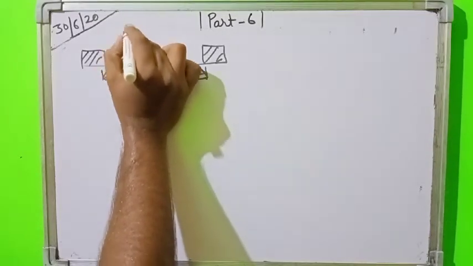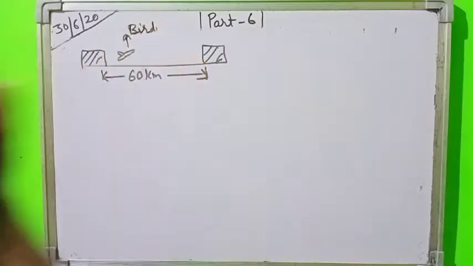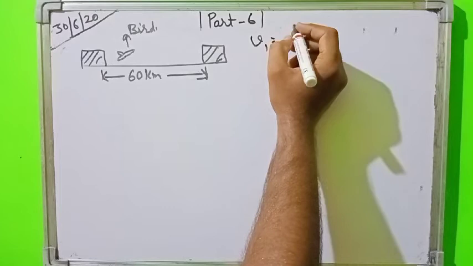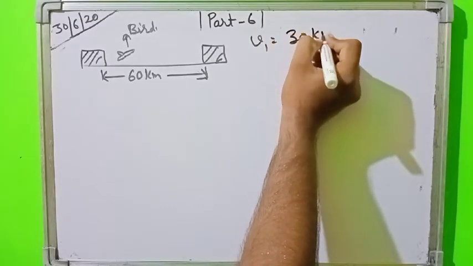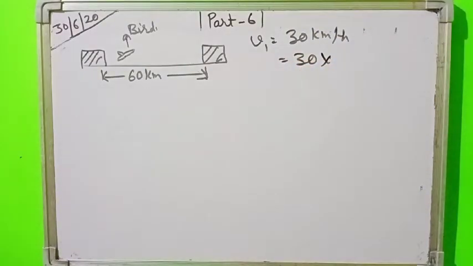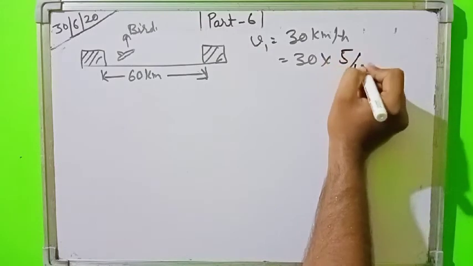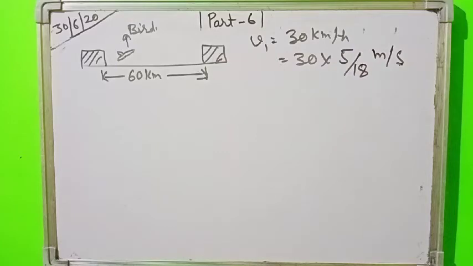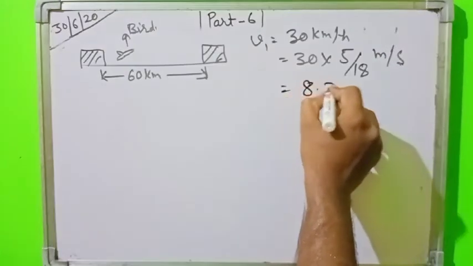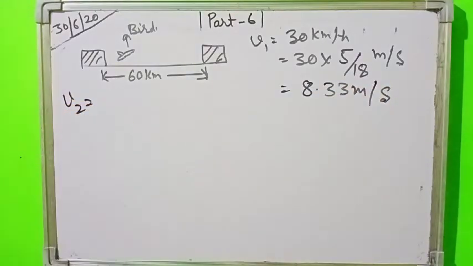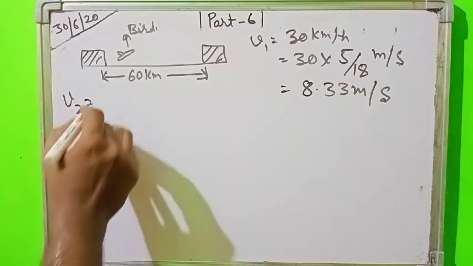This is the bird. The bird starts flying 60 kilometer per hour from one train to another train. V1 is given, that is 30 kilometer per hour, that is equal to 30 into 5 upon 18 meter per second, 8.33 meter per second, and V2 is equal to 60 kilometer per hour.